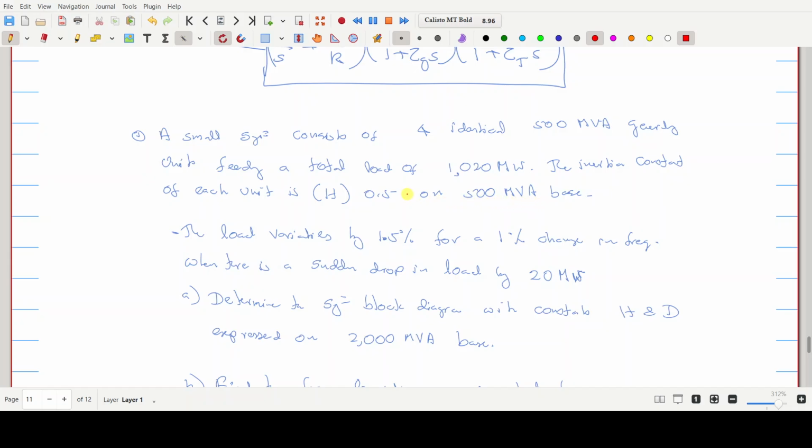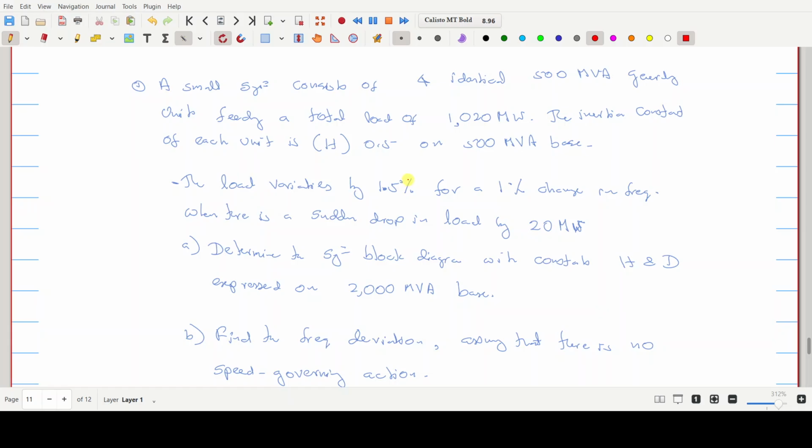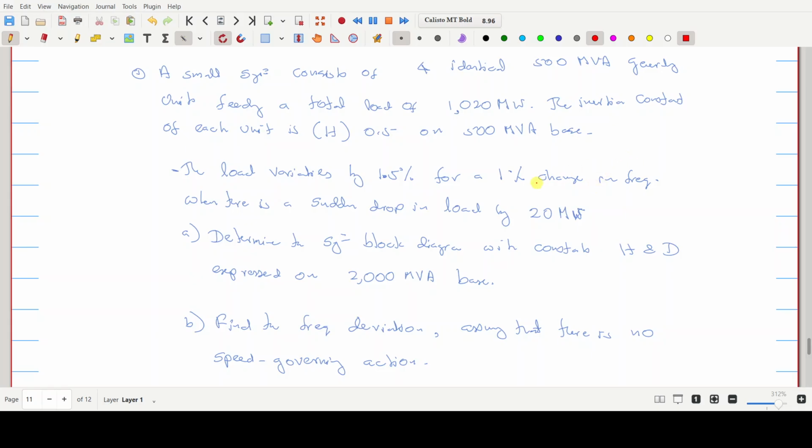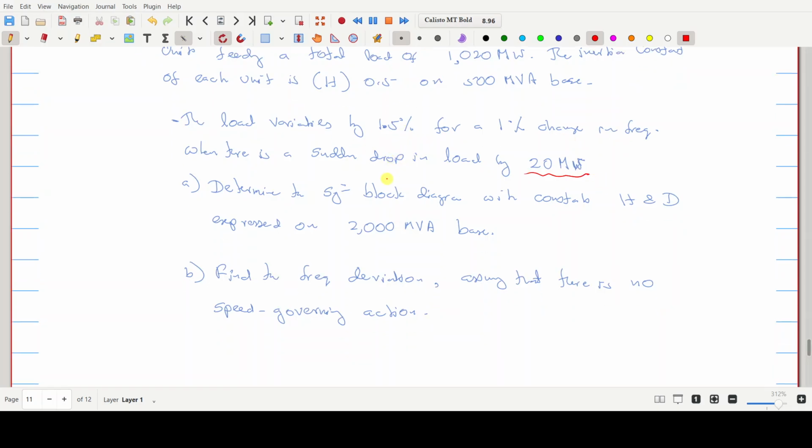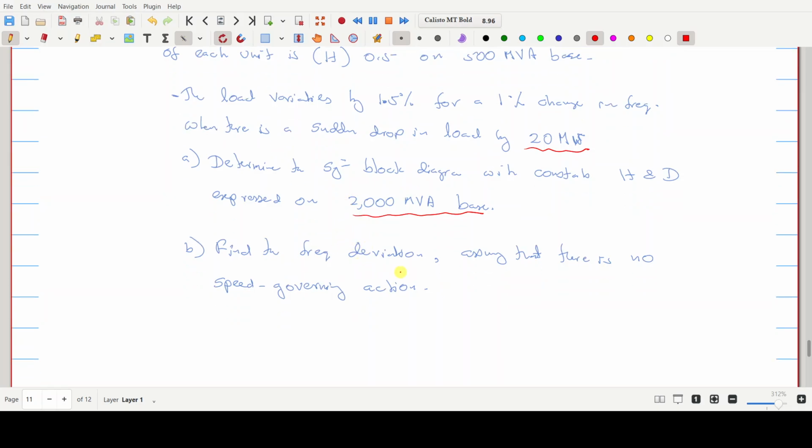The load varies by 1.5% for a 1% change in the frequency. When there is a small sudden drop in the load by 20 megawatt, you need to determine the system block diagram with the constants H and D expressed on the 2000 MVA base, and then find the frequency deviation, assuming that there is no speed governing action.